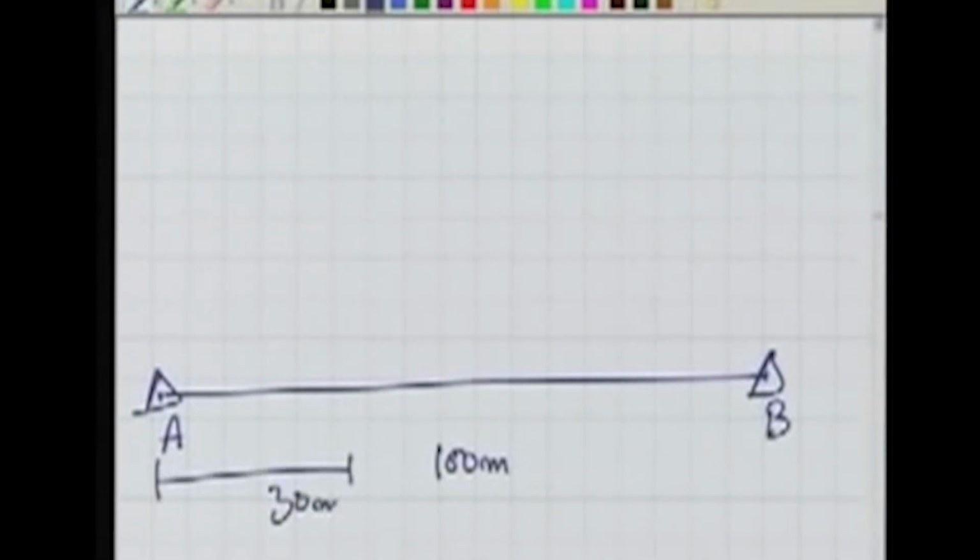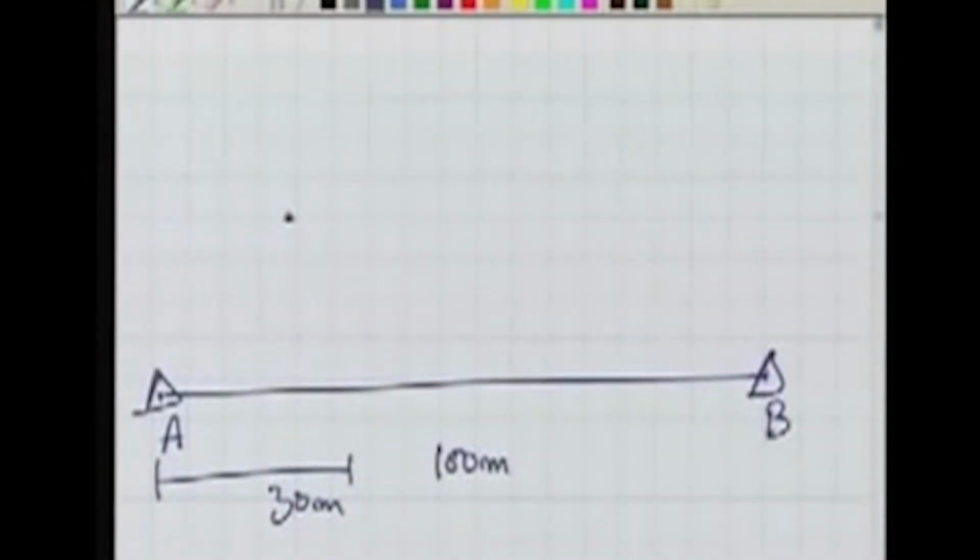Now using the cross staff, let us say we want to drop a perpendicular. Here is a tree. We want to drop a perpendicular from this tree onto this line. How should we go about it?